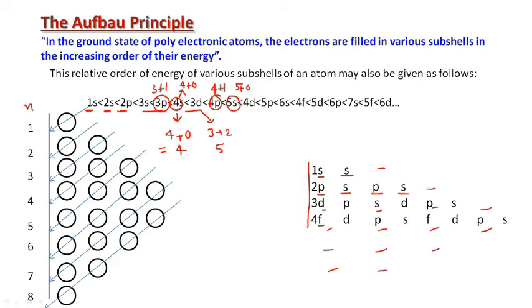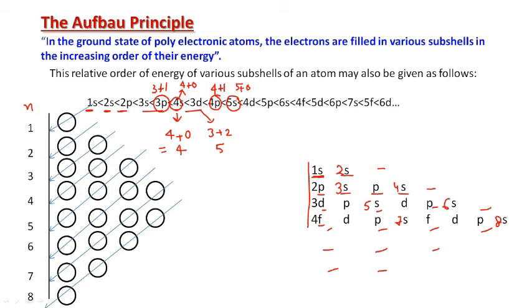Start the numbering of the orbitals with 1. The next S will be numbered as 2, the other one as 3, then 4, 5, 6, 7, 8.